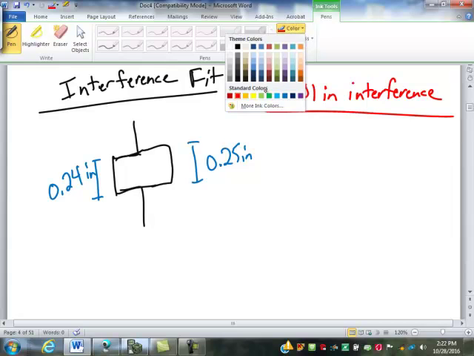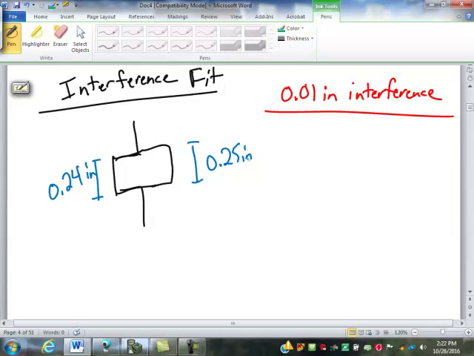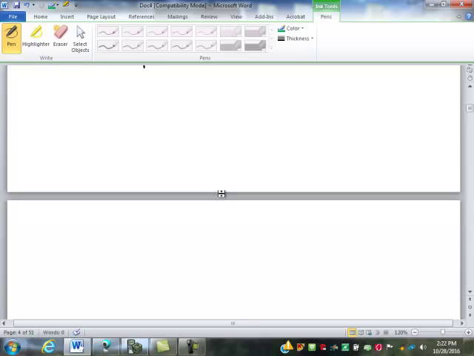But again, this is not an ideal world. Both of those are going to have some sort of an allowance, a tolerance to their size. So let's redraw the picture. To allow for that allowance, we're going to make the hole a little bit smaller yet.